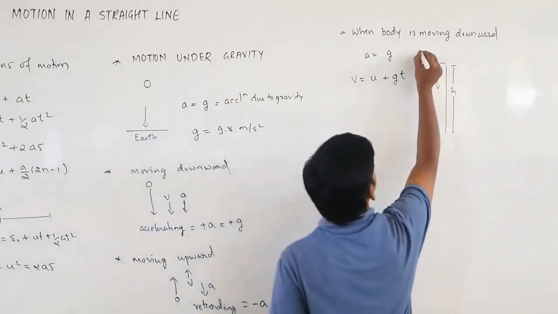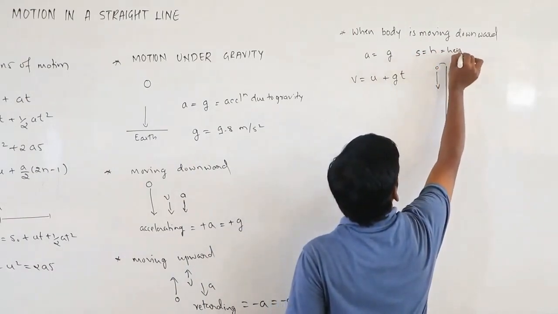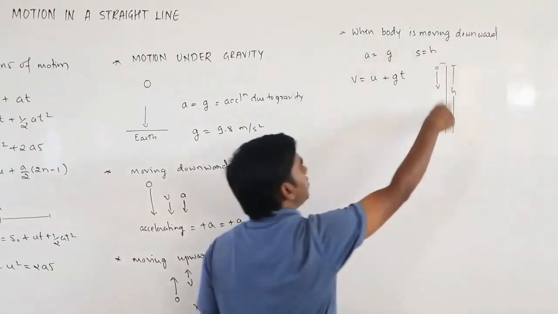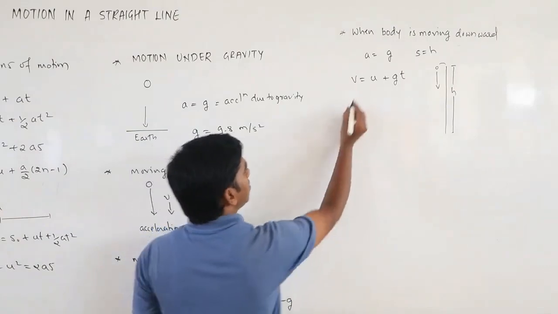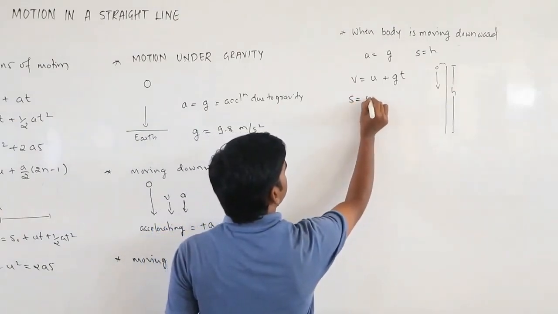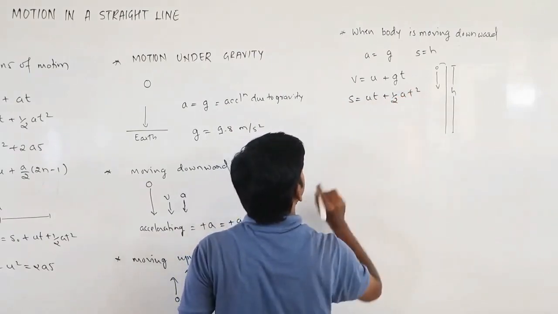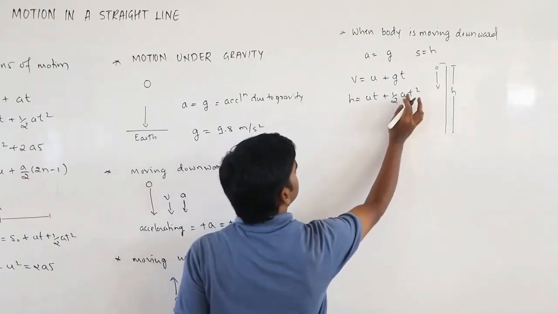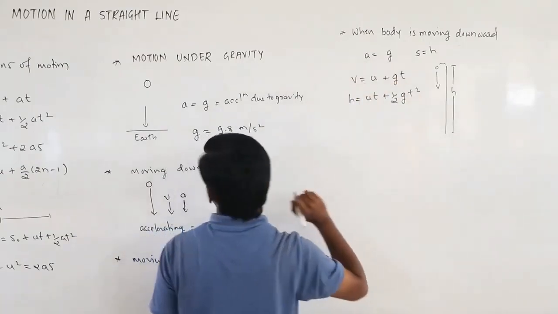So s equals h, that is the height of the building or vertical height. Now what you can write? s equals ut plus half at square. So you have to replace s by h, then a by g, positive g.